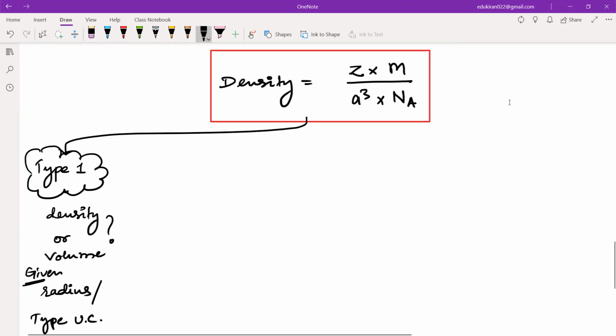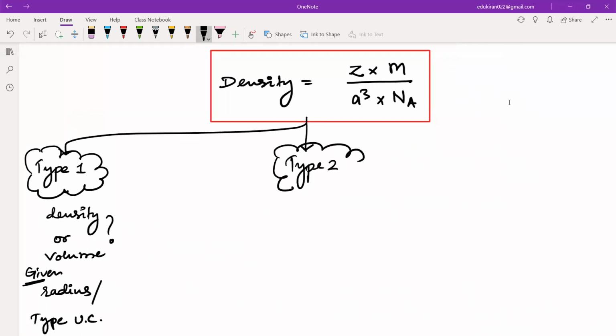The next type of question that is very famous. In type 2, you have to look at the Z. You have to calculate the Z, and they will be asking you what is the type of unit cell. They will give you all the information.